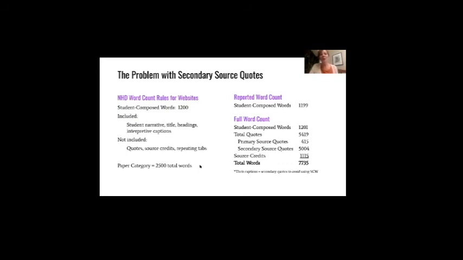So if you include the small number of words that were primary source quotes, a large number of words that were secondary source quotes, I mean, they quoted experts and scholars for more than a total paper could be in length, if you see that math. And their total word count, including their source credits, which don't really count as readable text, is over 7,000 words in this one project.